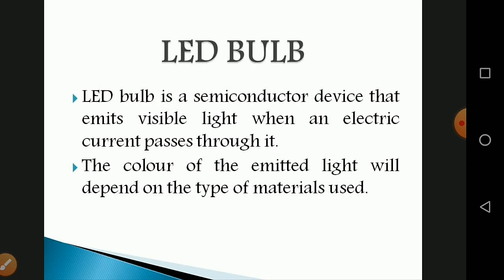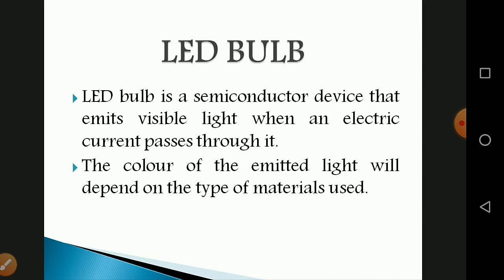And the next one is the electric bulbs. LED means light emitting diode. An LED bulb is a semiconductor device that emits visible light when an electric current passes through it. The color of the emitted light depends on the type of material used.